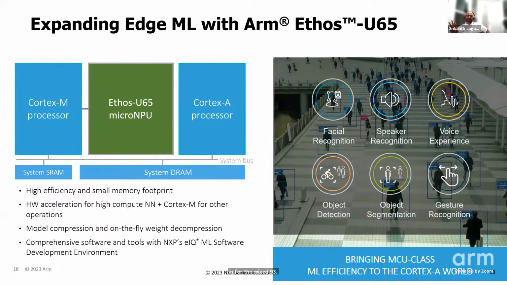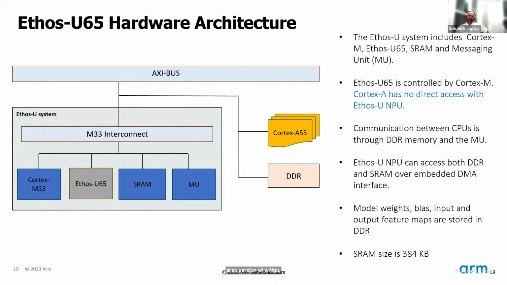So the takeaway for this slide is the Ethos-U65: if you're looking for a high efficiency, low cost, low area version of an NPU, this is one of the best available IPs in the market today.